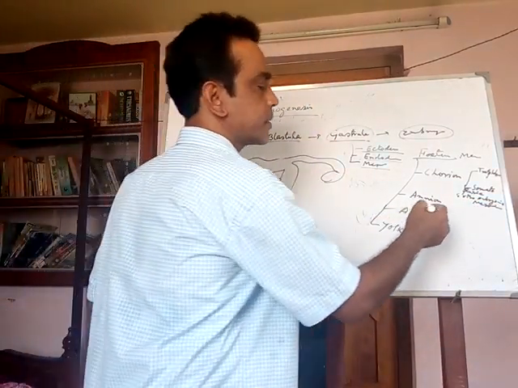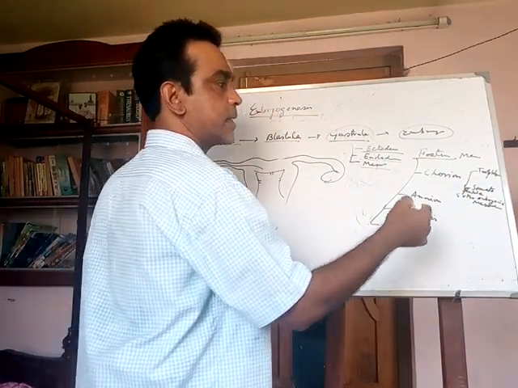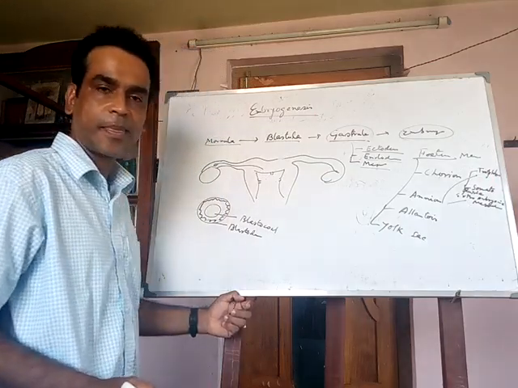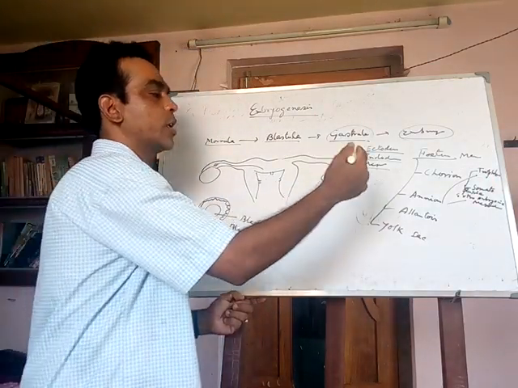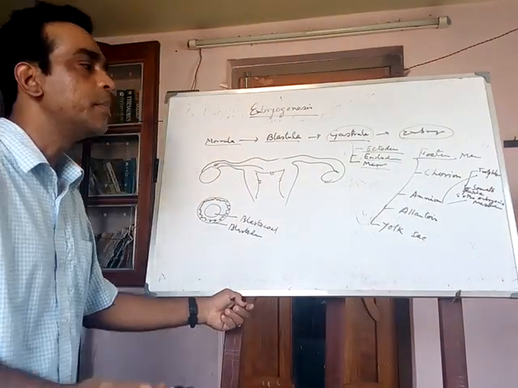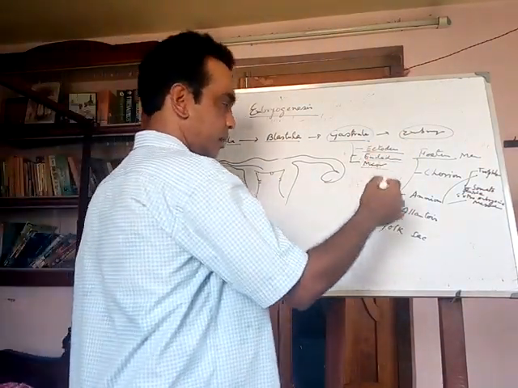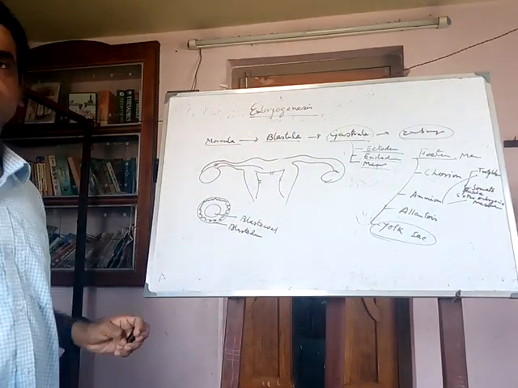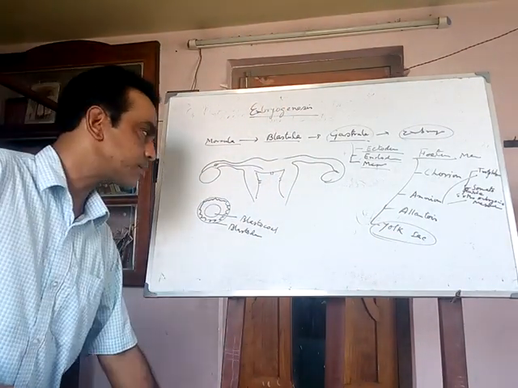And the amnion is divided into 2 layers. The upper layer is here and the lower layer is here, the opposite of the chorion. Allantois is a separate part of the fetal membrane, and the yolk sac is the last part of the fetal membrane present in the fetus.